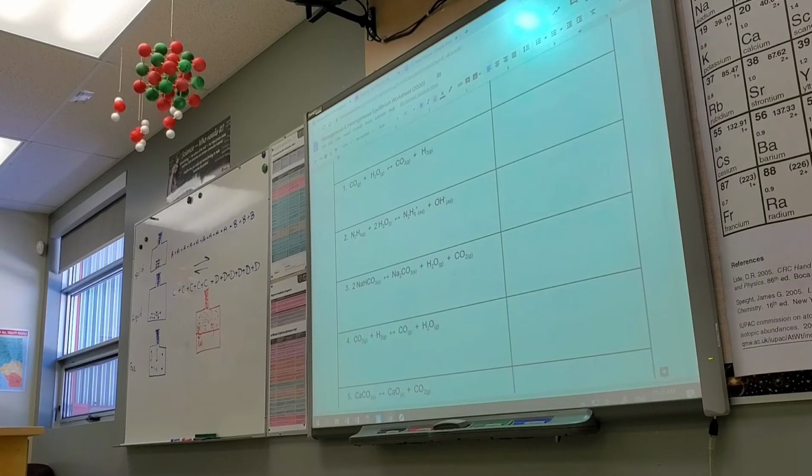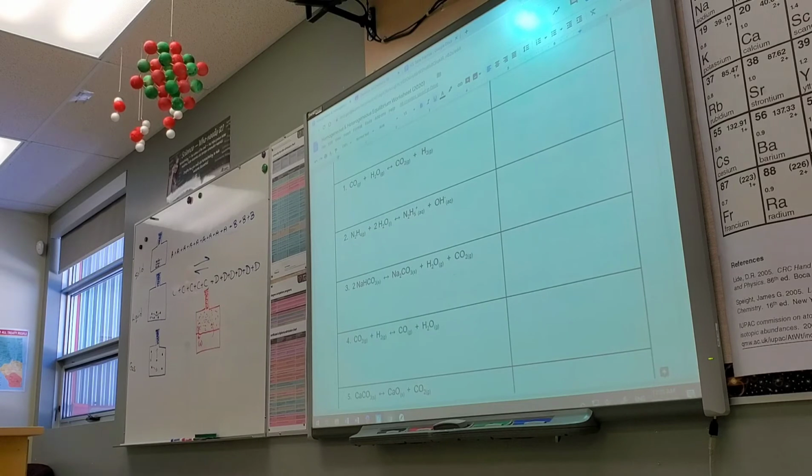Absolutely. Carbon dioxide has to be raised to the power 2 because the 2 is a coefficient, and carbon dioxide is just 1. If it's hetero, you cannot use liquids and you cannot use solids.